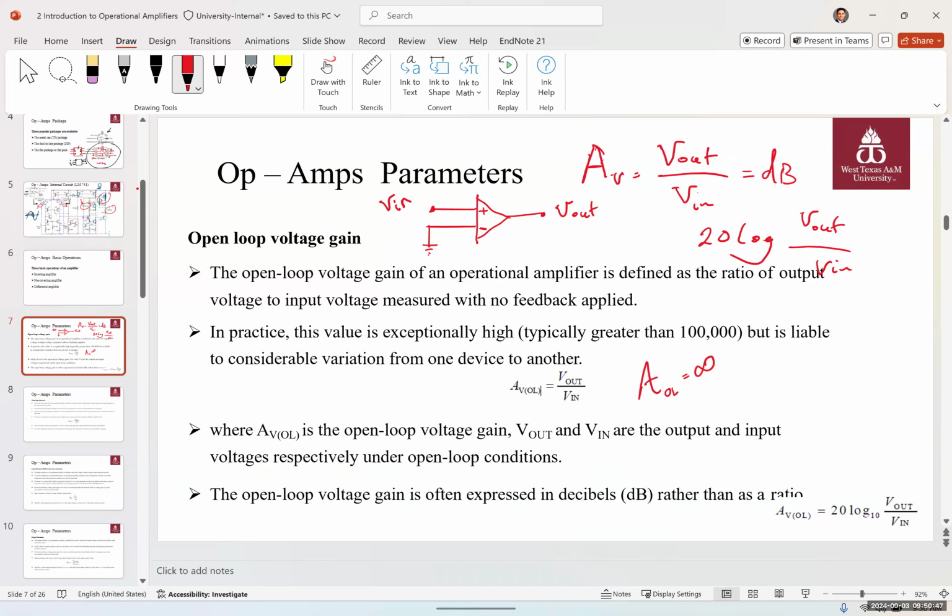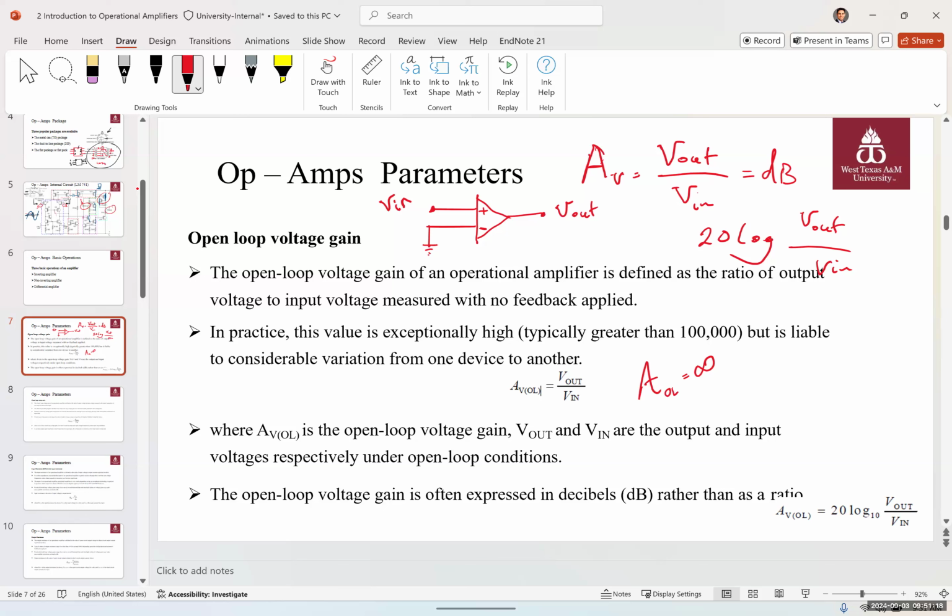So very high voltage output and gain make the system unstable. One reason is that it's not feasible to have 100,000 volts in the output, for example. Another reason is, if that 1 volt has a noise of 0.1, when you put it through this amplifier, it's going to amplify both the signal and the noise. So you're going to have a high output of the signal and also a high output of the noise.